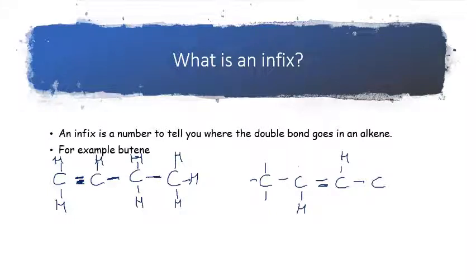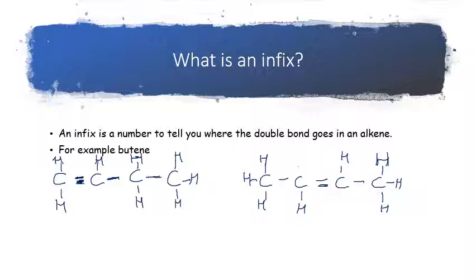And then the final carbon has 1 bond, so there's another 3 bonds being drawn. I'll put the hydrogens in again. So butene basically is 2 isomers, or there are 2 isomers shown of butene.